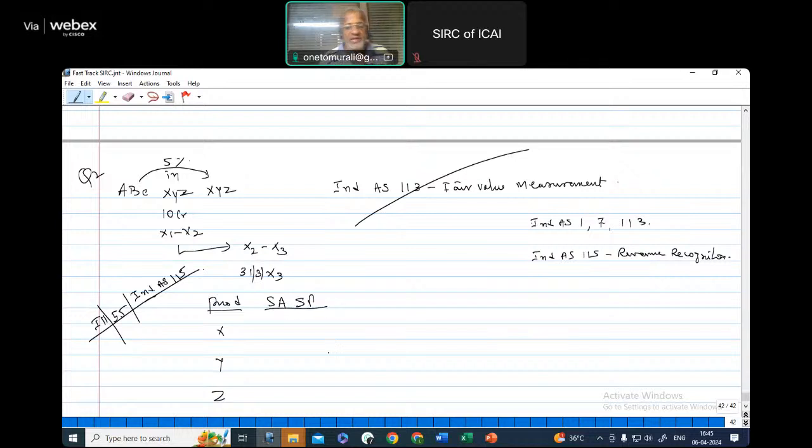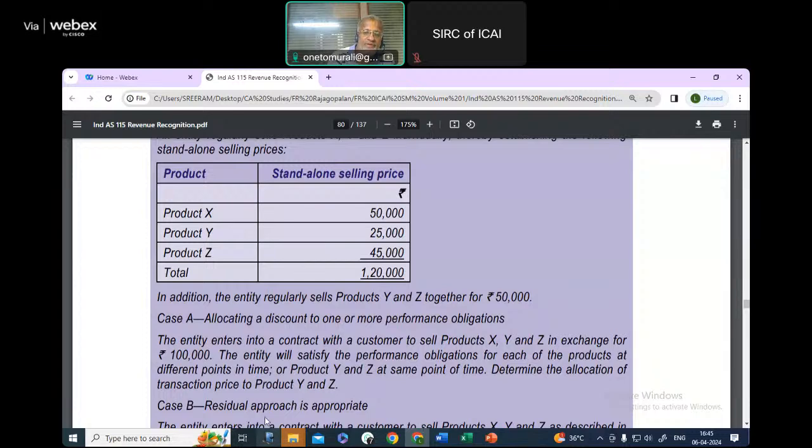selling price. SASP stands for standalone selling price, given there as 50, 25, and 45.